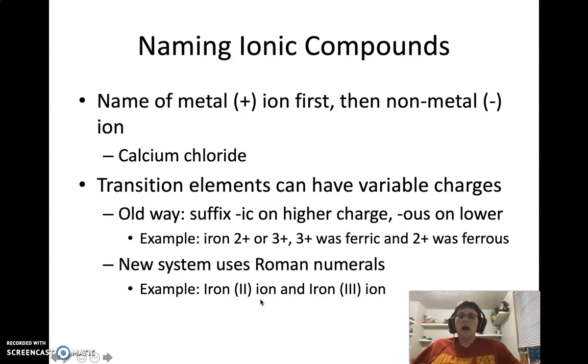And that's how you write it in the actual name of the compound. So if we had, for example, iron oxide, it would be one of these two, iron 2 oxide or iron 3 oxide, depending on what we're looking at. In fact, I can tell you it would be iron 2 oxide because of the charges usually.